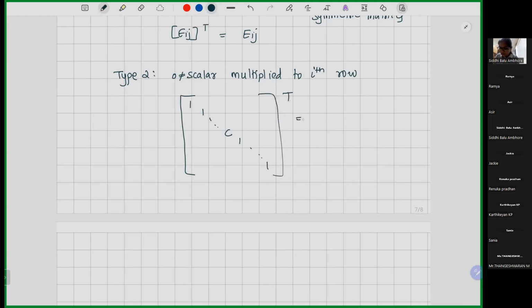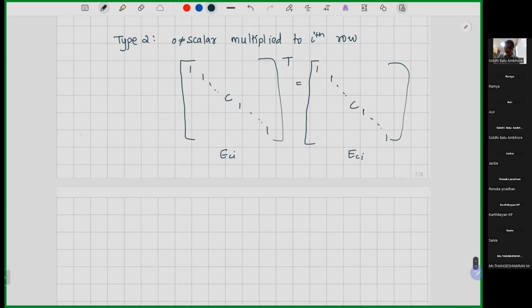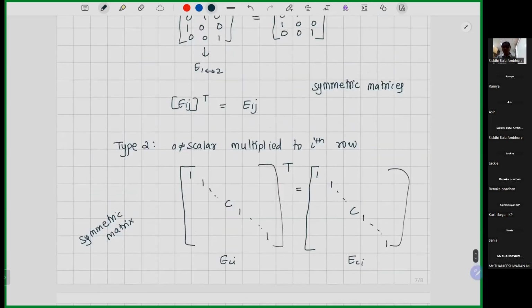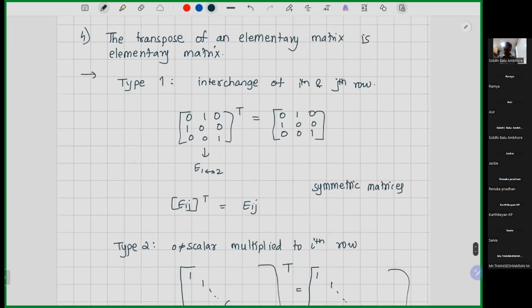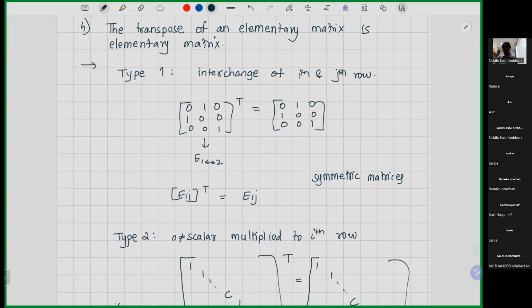And I am taking the transpose of this. What will it be? Again 1, and again c here, 1 and 1. It will be the same matrix. So if it was E_ci, this will again be E_ci. So this is again a symmetric matrix, and its transpose is in fact the same elementary matrix. So that's why this statement is true for type 1 and type 2 elementary matrices. Now for the third type.